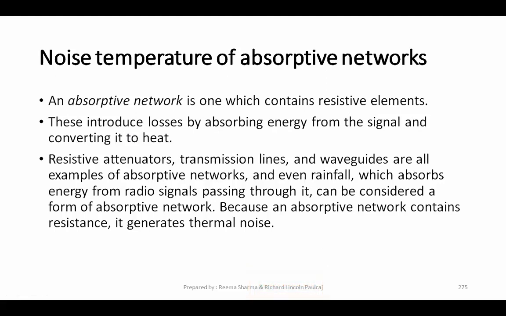And even rainfall, which absorbs energy from radio signals passing through it, can be considered a form of noise. So all these are to be taken into consideration, and we have to look at them one by one. Because an absorptive network contains resistance, it generates noise.